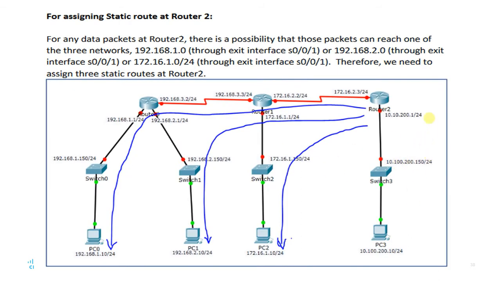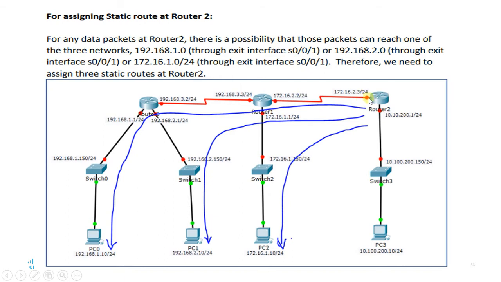Similarly, if we look at router 2, these two are directly connected, and one route you have to add for the 192.168.1.0 network, 192.168.2.0 network, and 172.16.1.0 network. 3 IP route commands we have to use, and the exit interface will always be this one, S000 or whatever we have chosen here. We have 4 options, whichever is available we can choose.